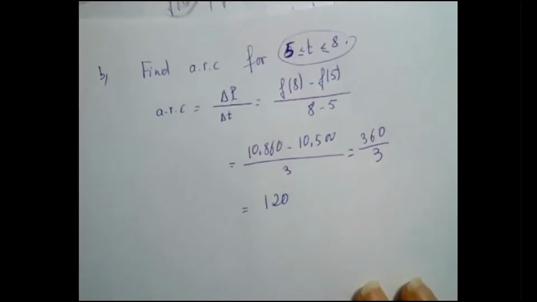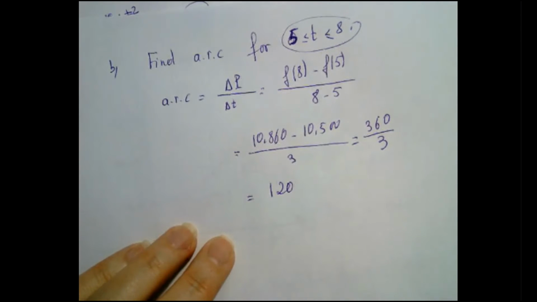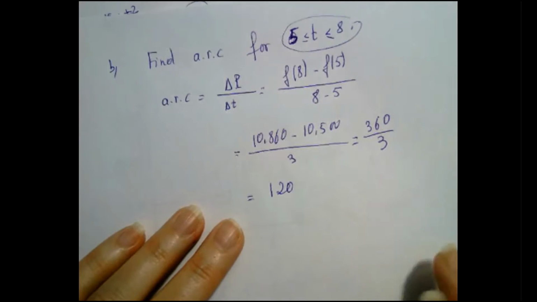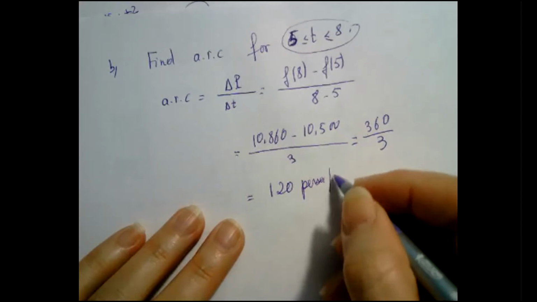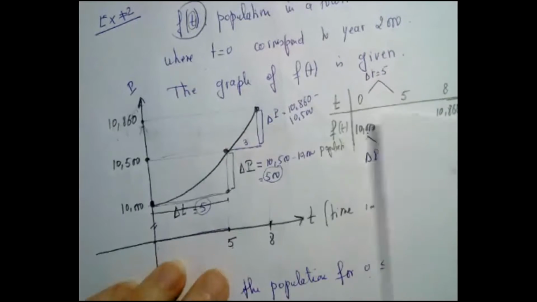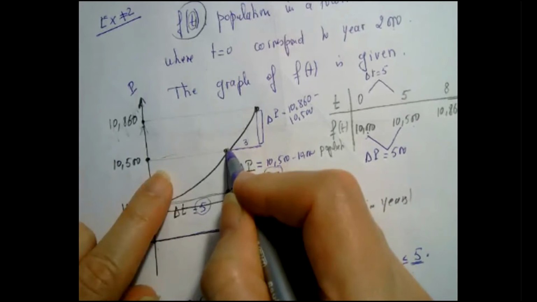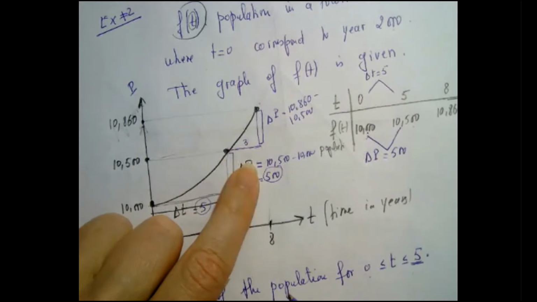Now, what's the unit of 120? Please, every one of you try to answer the questions. If I ask you what's the unit, what is the unit? Person per year. Okay. It means between the time 5 and 8, the population at 5, which means 2005, was that much, and it grew to 10,800.